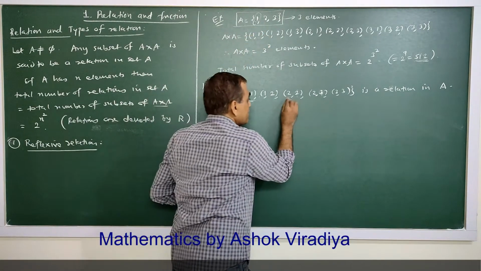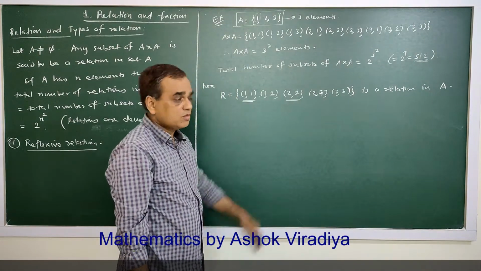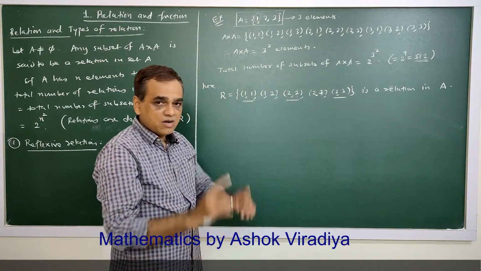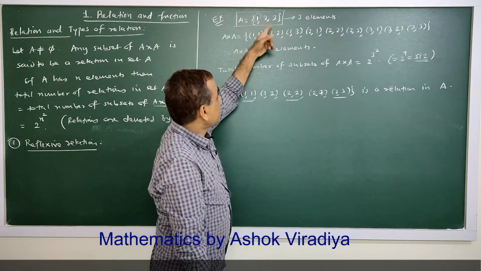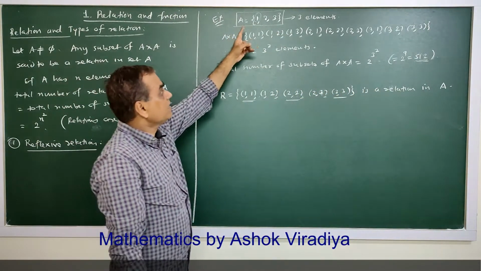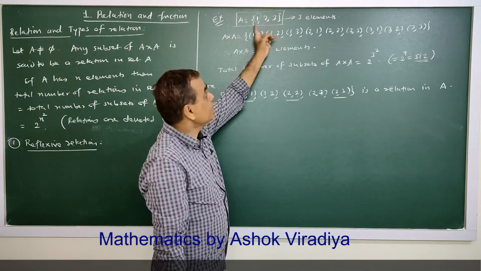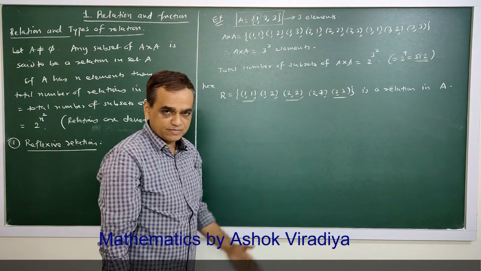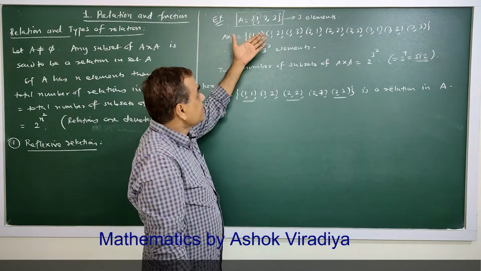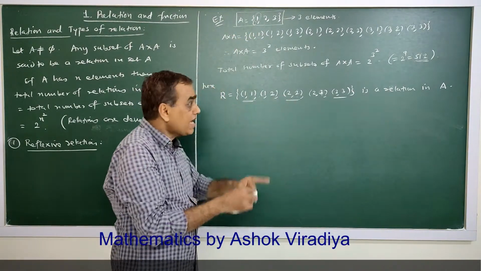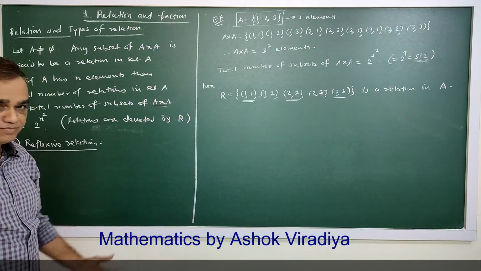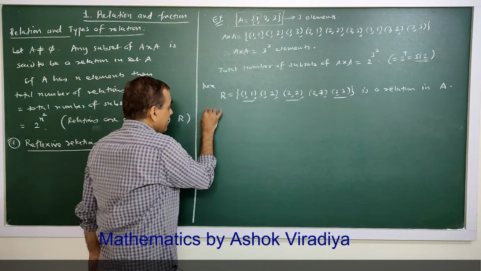For 2, its pair with itself is here, (2,2). For 3, its pair with itself is here, (3,3). The pair of every element of set A with itself is included in this relation. No one is left out. So in a given relation, the pair of every element with itself must exist, then it is said to be a reflexive relation. It is a reflexive relation.